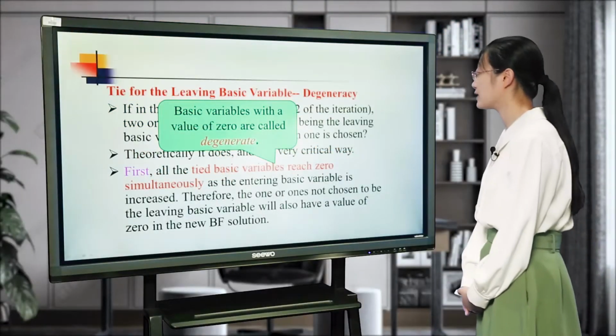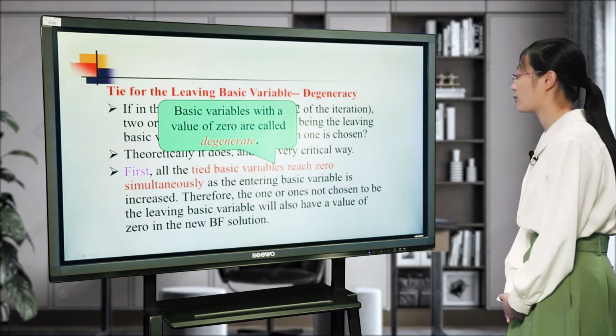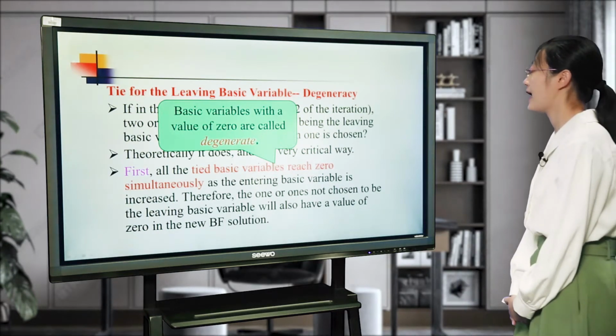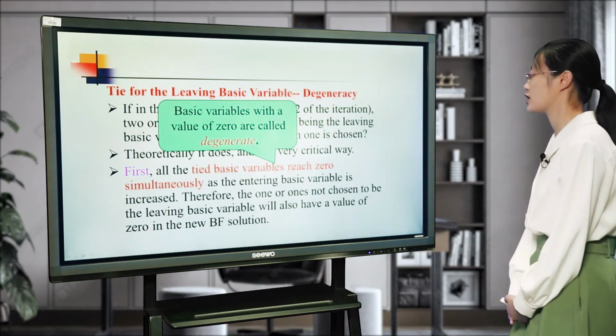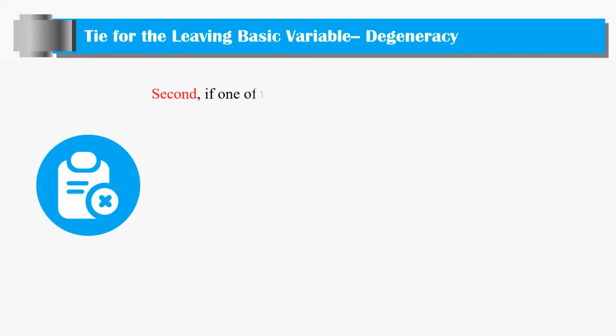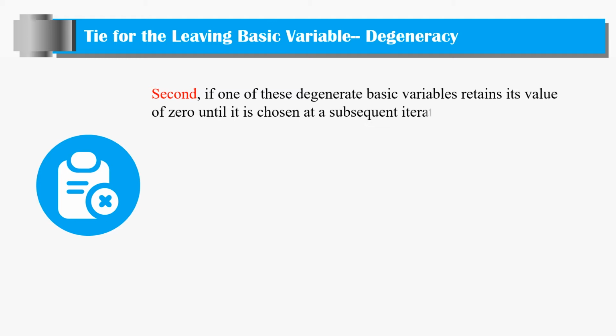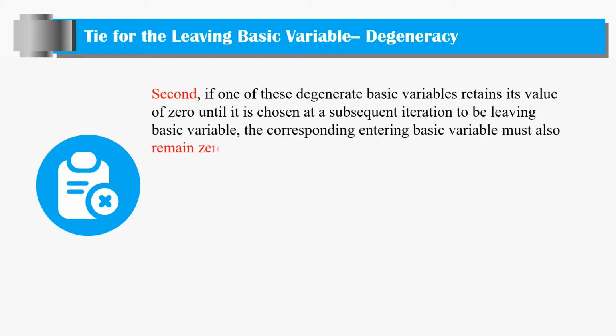At this point, we say a basic variable, because it's not leaving, with a value of 0 is called degenerate. Second, if one of these degenerate basic variables retains its value of 0 until it's chosen at a subsequent iteration to be the leaving basic variable, the corresponding entering basic variable must also remain 0.